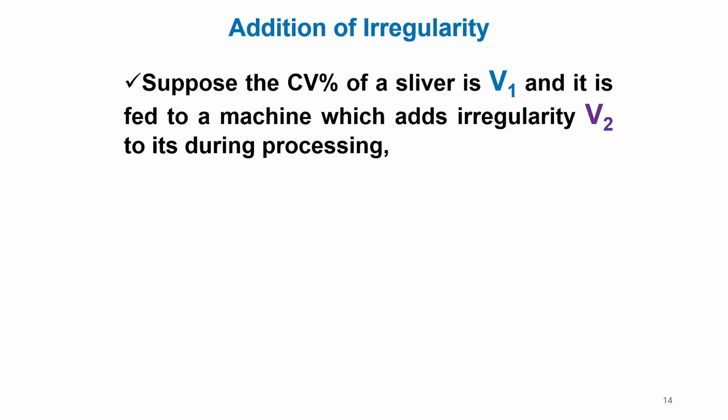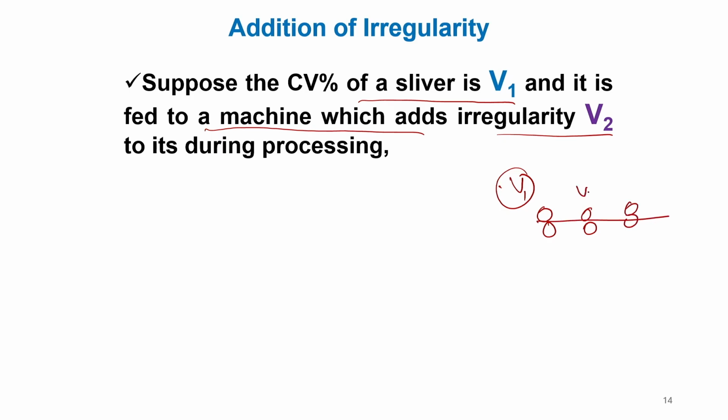Suppose the CV% of the sliver is V1 and it is fed to the draw frame, which adds irregularity V2 during this process. So V1 is the input sliver, and during the process it is adding V2.